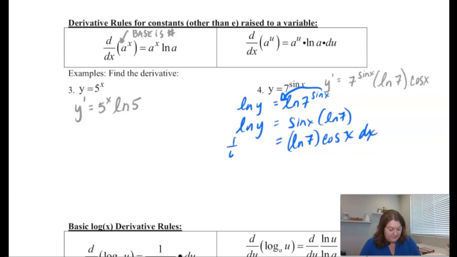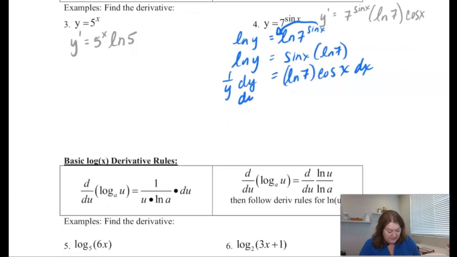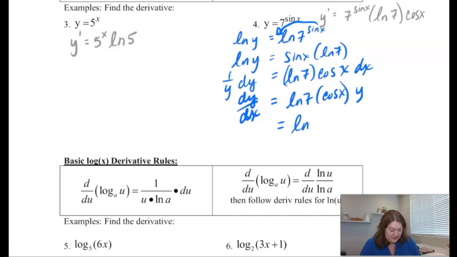And on this side, I'm going to have 1 over y dy. Okay, so when I move everything over, we're going to have dy over dx on this side. We're going to have ln of 7 on this side, cosine of x on this side, and then y on this side, which is going to turn into the original problem, which was 7 to the sine of x.